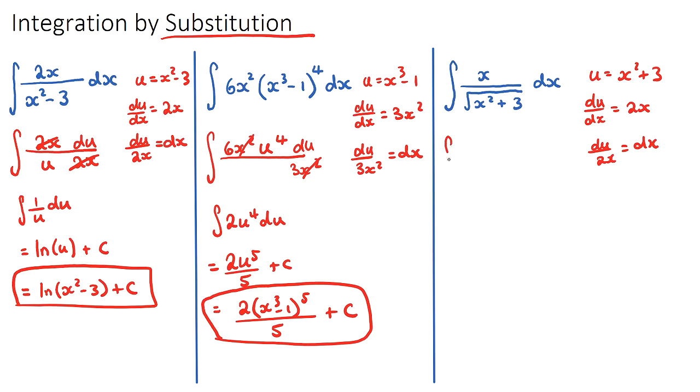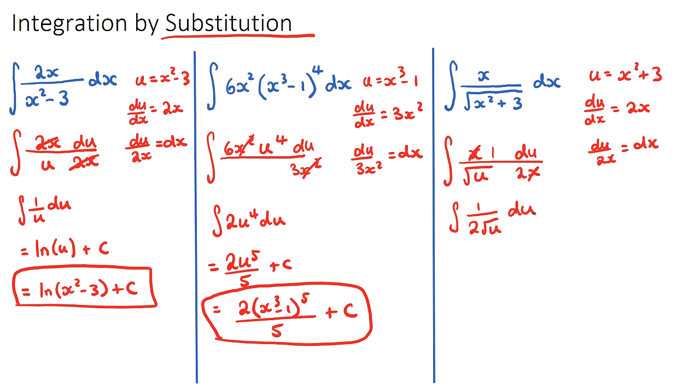Next is our substitution step. So we have an x on the top, we have root, and this will be u, and then dx is du on 2x. Our x's should always cancel out. So we're left with the integral of, there's a 1 here, once we cancel them out, it'll be 1 on 2 root u du.